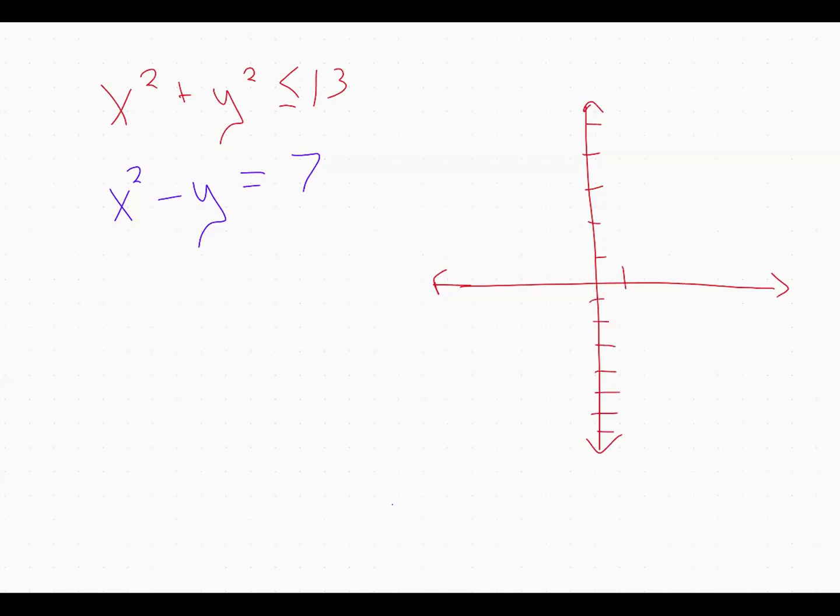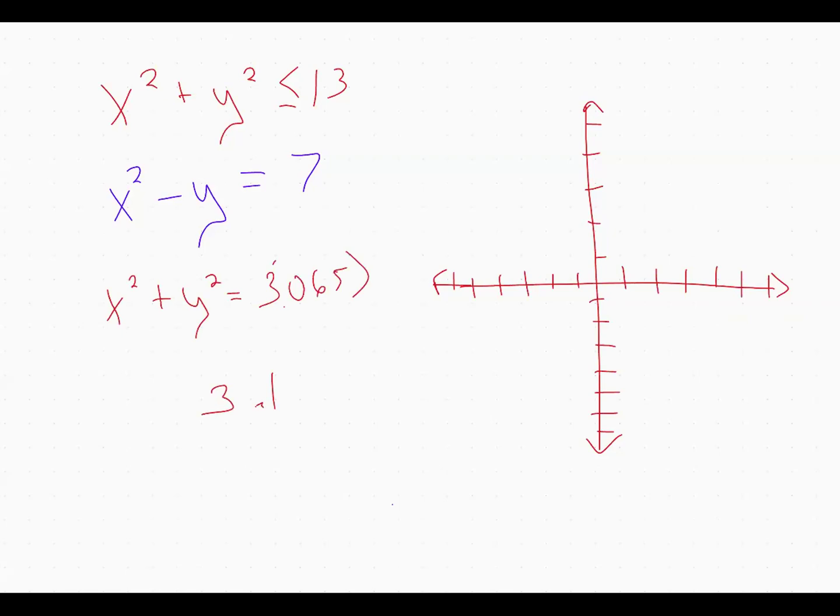So again, calculator, what is the square root of 13? 3.605. So I'm going to say 3.1, because I'm roughly graphing. All right.